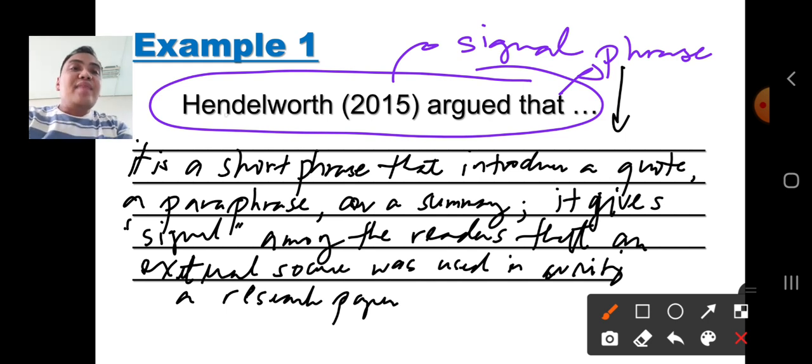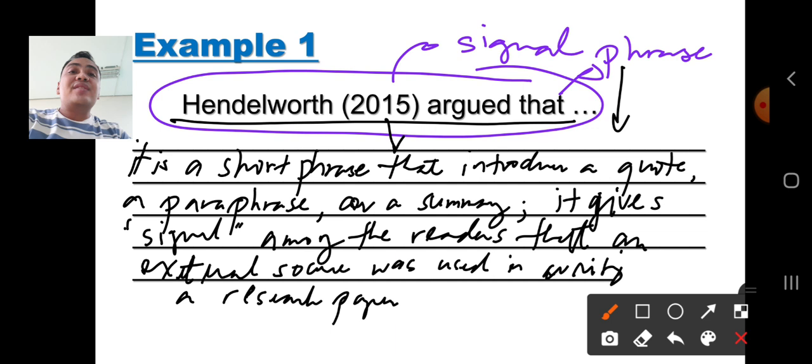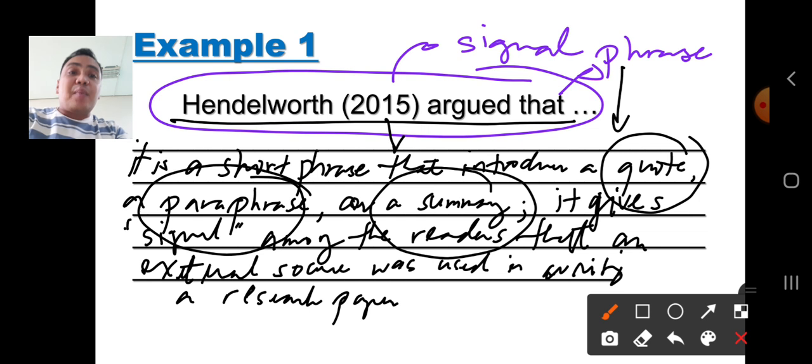So notice that Hendelwerth 2015 argued that it gives such signal among the readers that an external source was used. And this external source could be in a form of either a direct quotation, a paraphrase, or a summary.